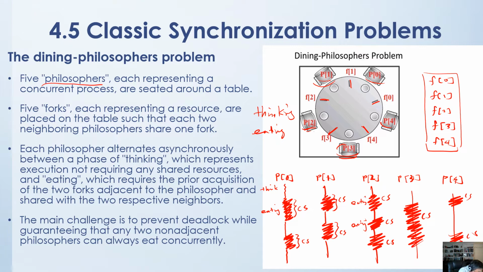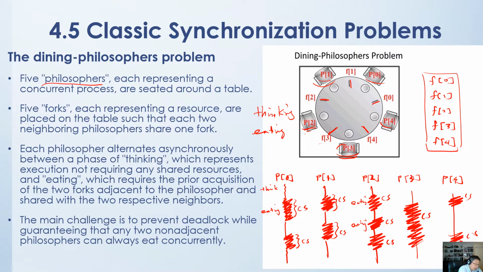So now, the problem is that if philosopher 3 is eating, then philosopher 2 and 4 cannot eat, because philosopher 3 is going to take 2 resources that P2 and P4 are going to use. So that's why it's a very similar problem to the race condition problem we just discussed in section 4.1.